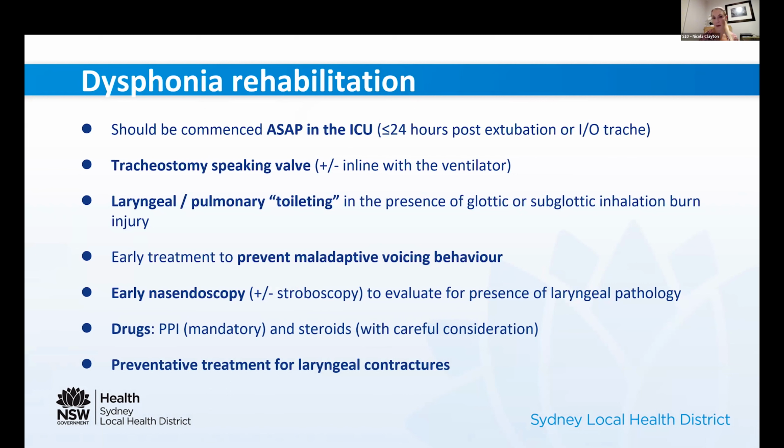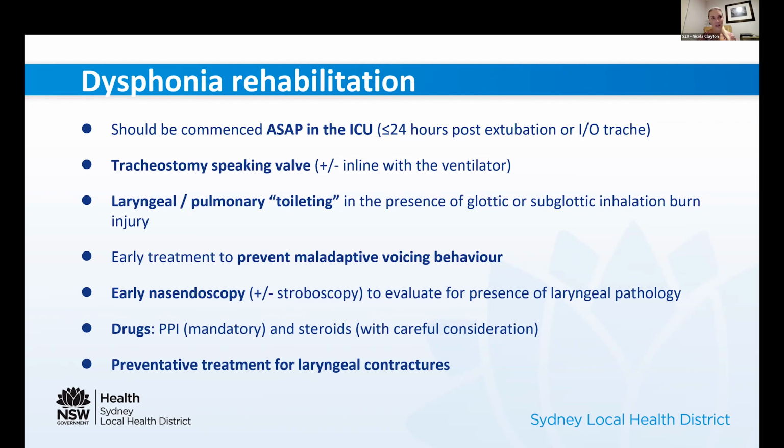And we really educate our patients really early to try and prevent any maladaptive voicing behaviour taking place. Early nasendoscopy and stroboscopy obviously are tools that we regularly employ to evaluate those patients who might potentially be at risk for laryngeal pathology, and we use PPI prophylactically for all of our patients.